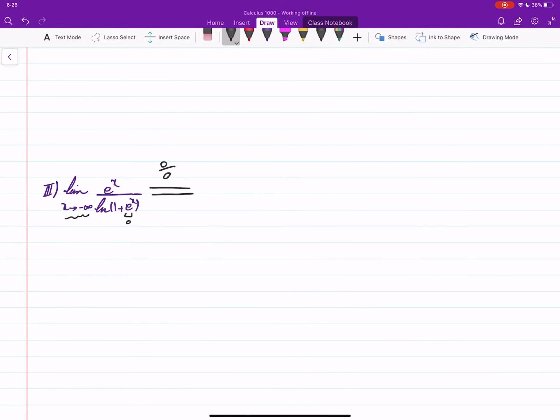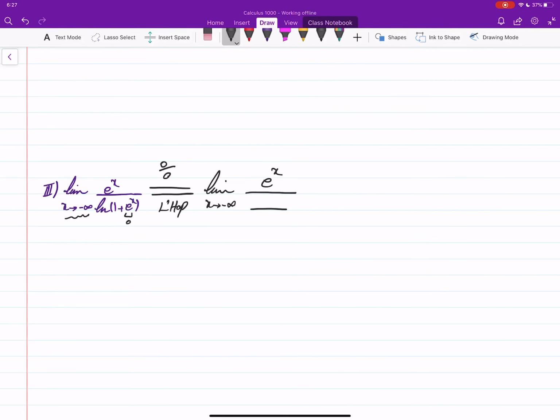So we have 0 over 0, and then we can use L'Hopital's rule because these are good, differentiable functions. And as you can see, the numerator I can replace by its derivative, which is again e to the power x.